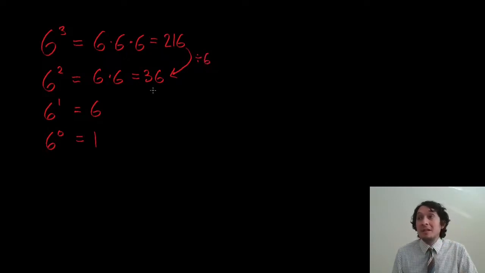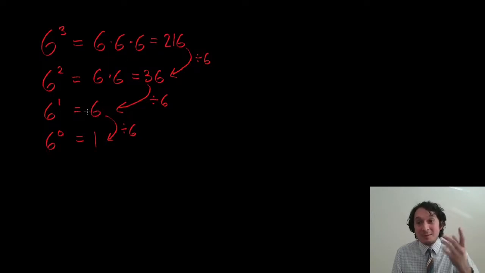So if I'm dividing by 6 to get from one step to the next, kind of down the ladder, so to speak, then this should actually make sense. 6 divided by 6 is 1. And therefore, anything to the power of 0, well, it's power of 1, which is just that number divided by itself, and that's 1, because anything divided by itself is 1.